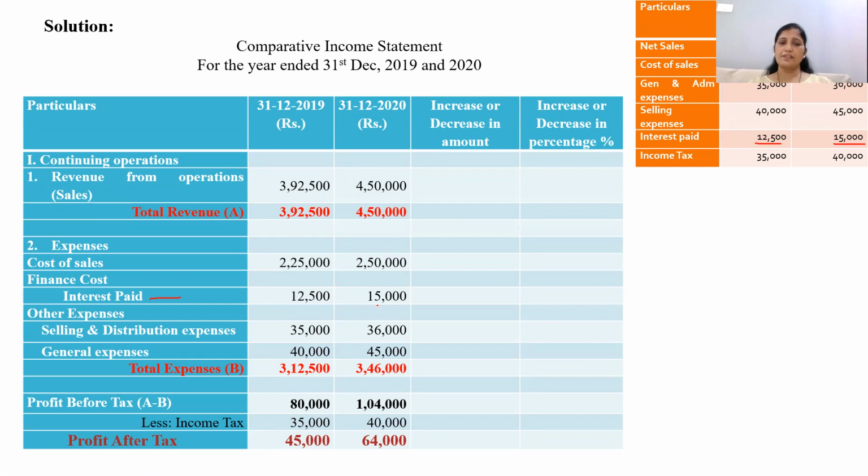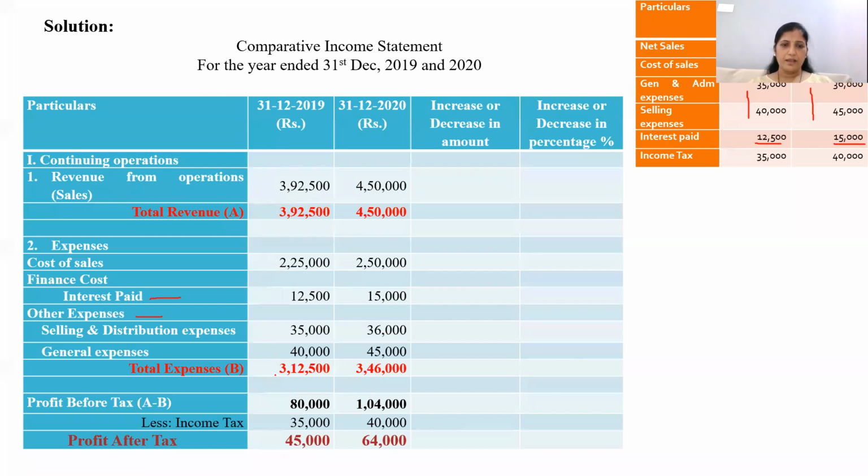Next, other expenses, in the selling and distribution expenses and general expenses. Here I have taken it as general and administrative expenses. You have general expenses 35,000 and 36,000, selling expenses 40,000, 45,000. So these two years' figures have been taken here.